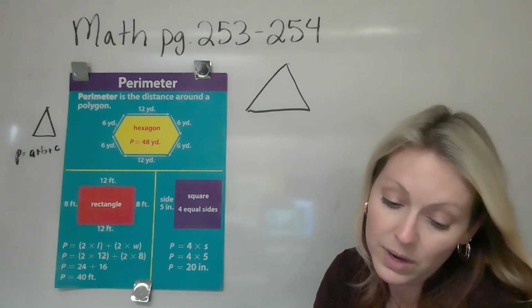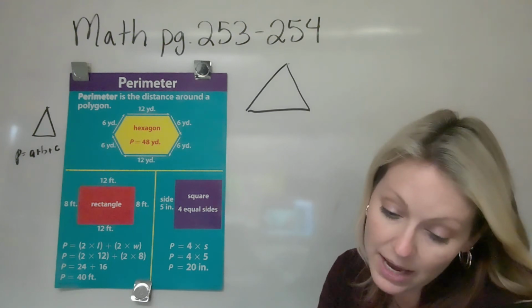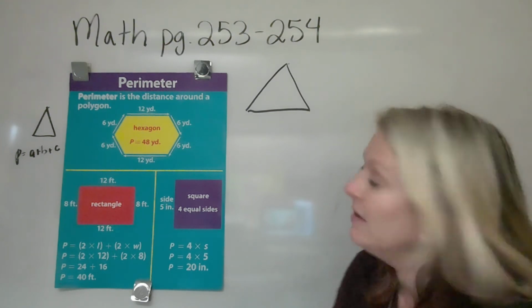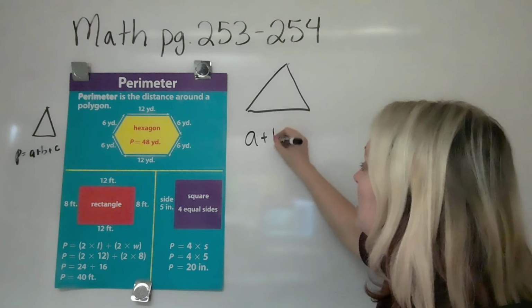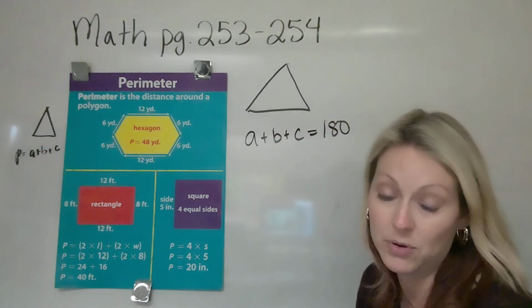Going back, we have to know that when we're doing our angles in a triangle, we have an equation that says A plus B plus C equals 180 degrees. Remember this?